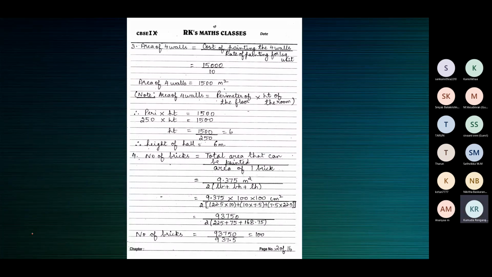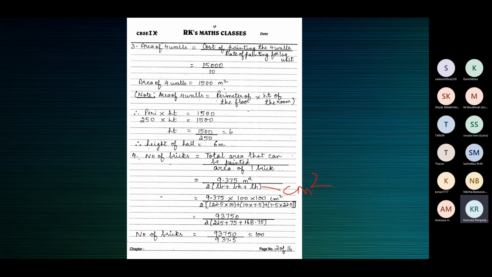So the numerator is in meter square, but in the denominator, the dimensions are all given in centimeters. So for the denominator, you will get the answer in centimeter square, while in the numerator, the values are in meter square. So let's convert meter square to centimeter square. The denominator is in centimeter square, let that remain.